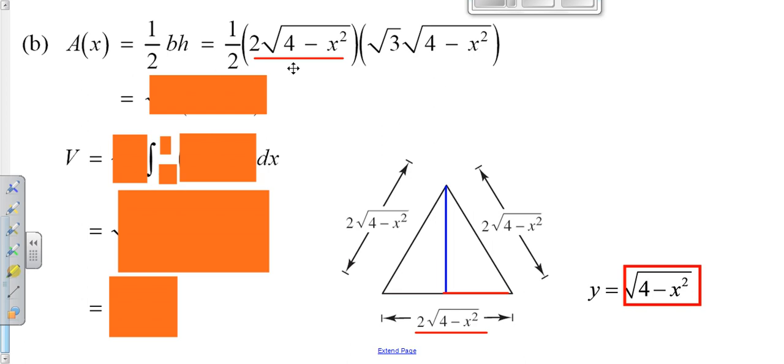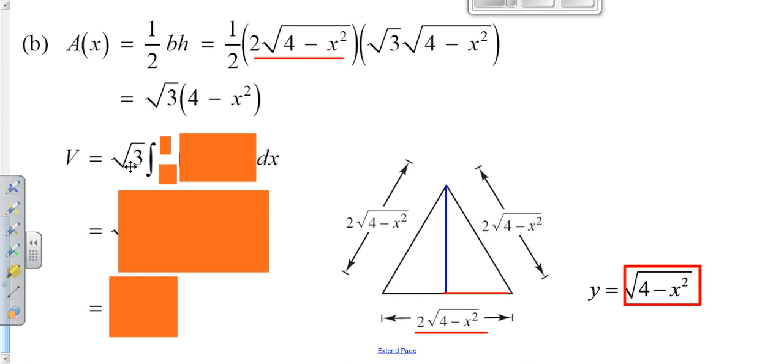So when we look at this, the 1/2 undoes our 2 in front. So we end up with our root 3. And then we have our root times this root. And when you multiply the root times the root, the root drops. So this is the area of our equilateral triangle. So we're going to do our integral. We're going to have our root 3 here.